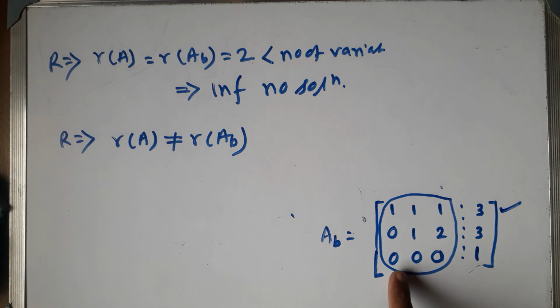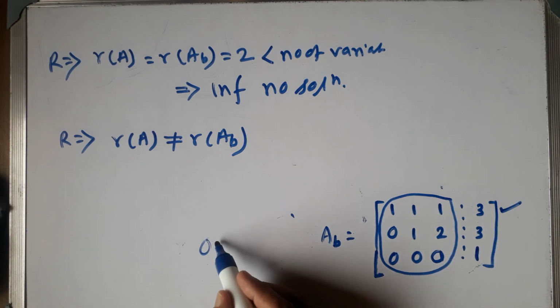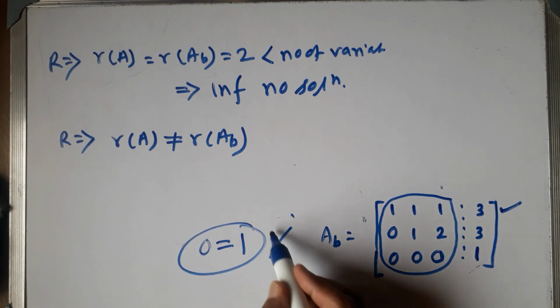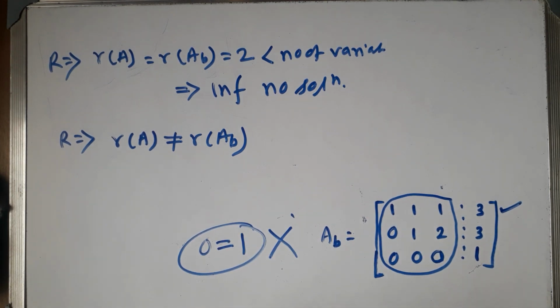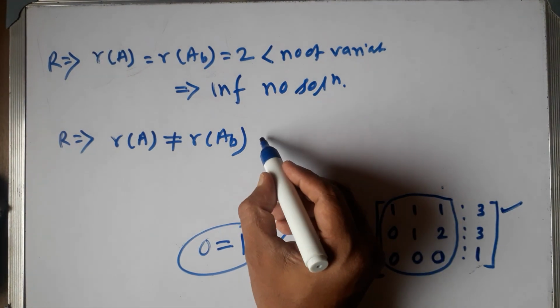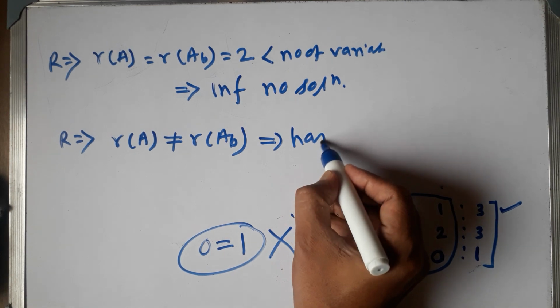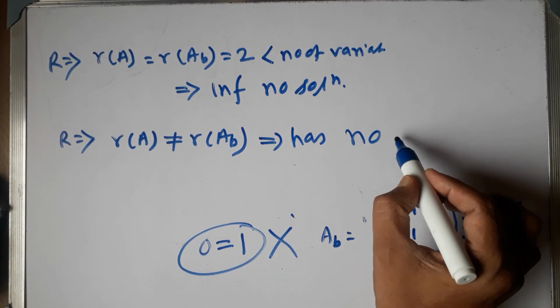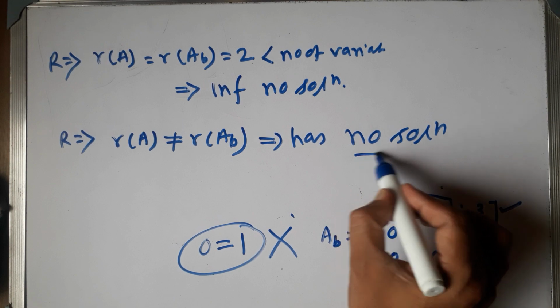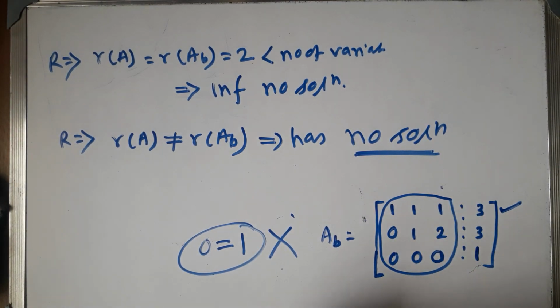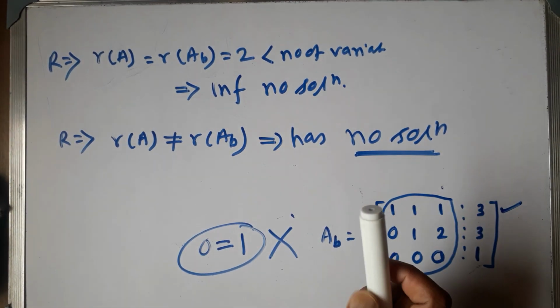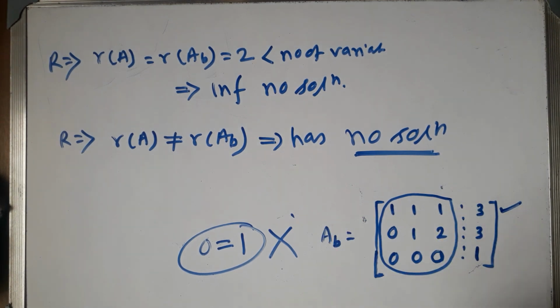The third equation is 0x plus 0y plus 0z is equal to 1. That means 0 is equal to 1, which is not possible. So this indicates that the system has no solution. That means in this case the system is inconsistent.